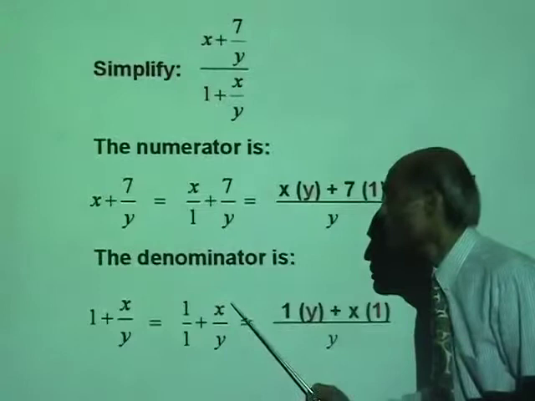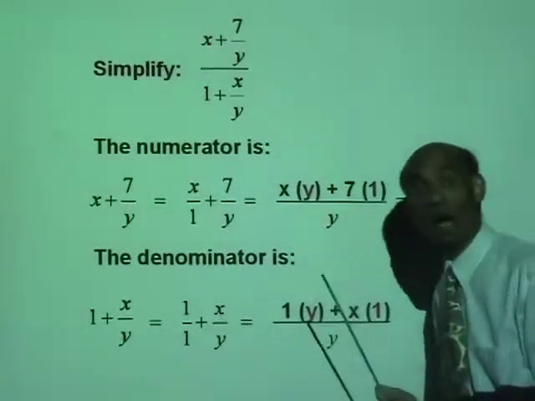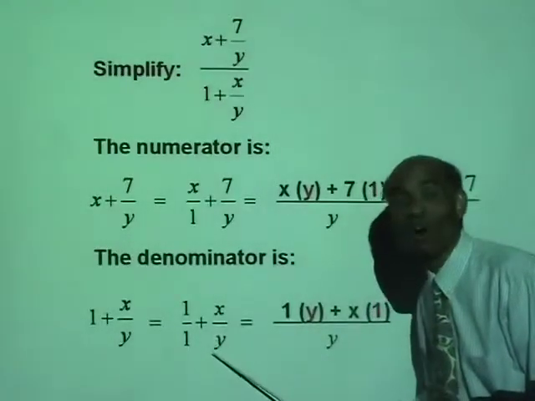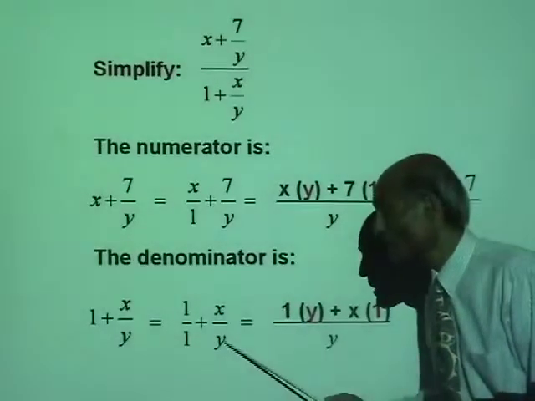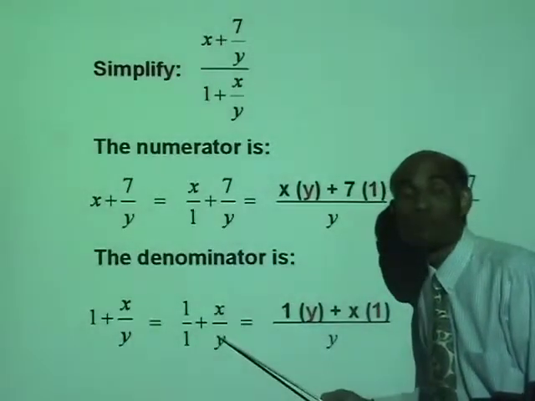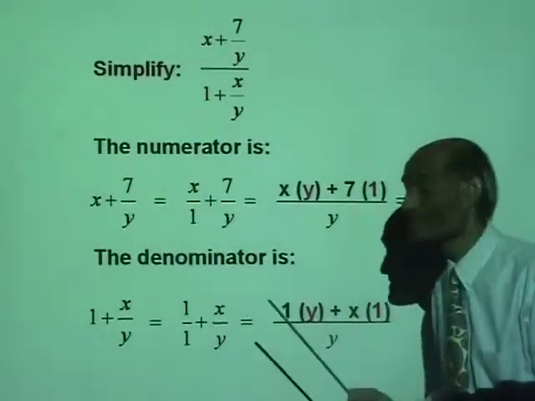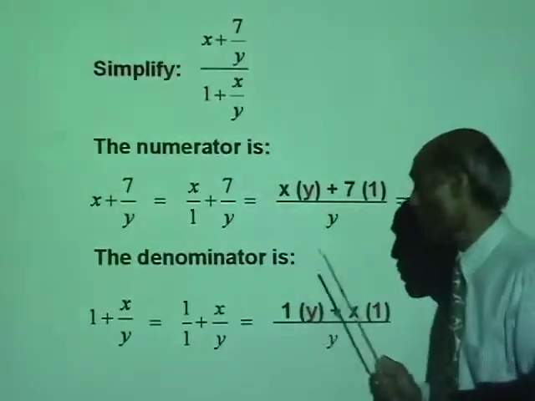What is this x going to be multiplied by? By 1. Why? Because there is no factor missing on its denominator. The common denominator itself is this denominator. When there is no factor missing out of the LCD, the numerator will get multiplied by 1.